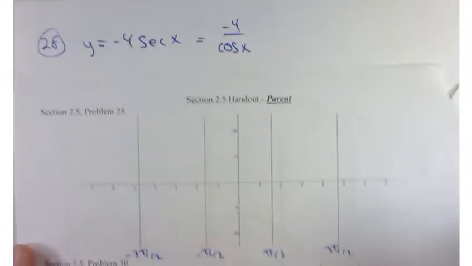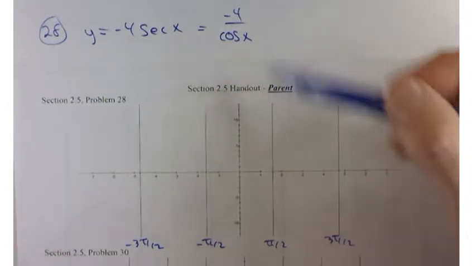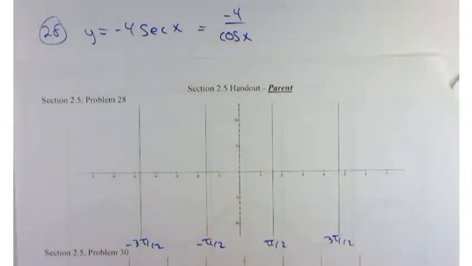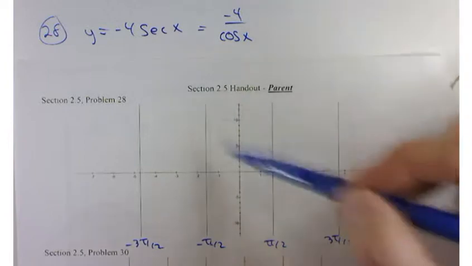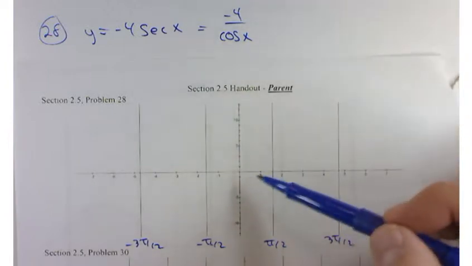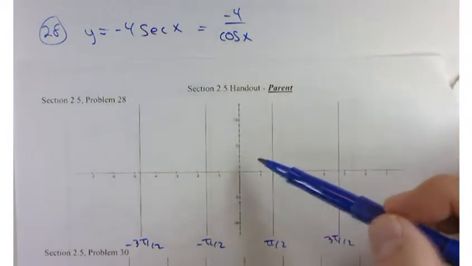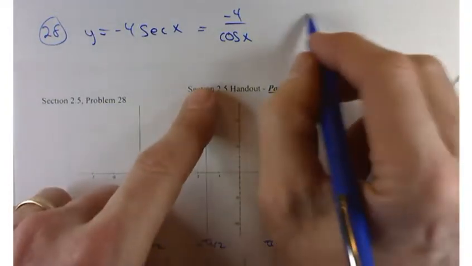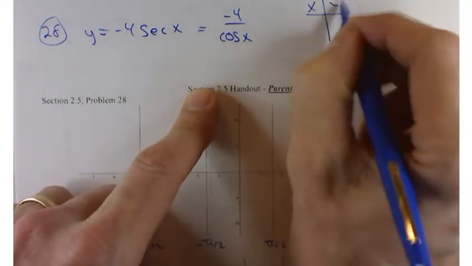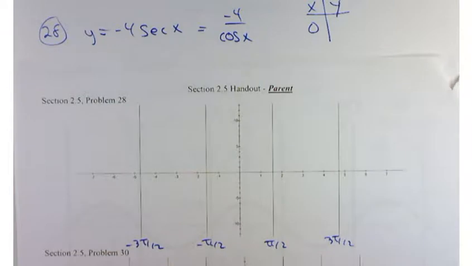The easiest thing to do is to just test a point right in the interval. So right in the center of the interval is x equals 0. If I take the time to plot x equals 0, let's see if we can figure out what we get for y.